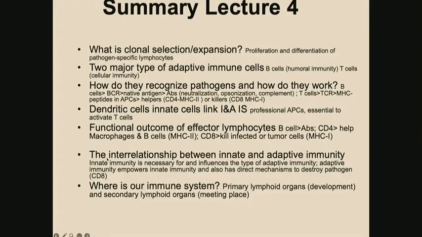And then we talked about the interrelationship between innate and adaptive immunity in the video. The innate immunity is necessary for and influences the type of the adaptive immunity. We were just giving an example of how the dendritic cell gets, through its innate receptors, all the information on the type of the infection and will influence the differentiation path that the CD4 T cell will take.